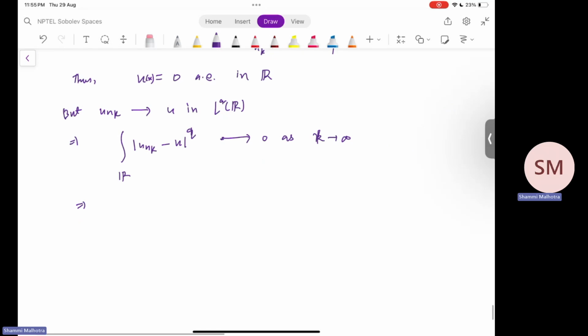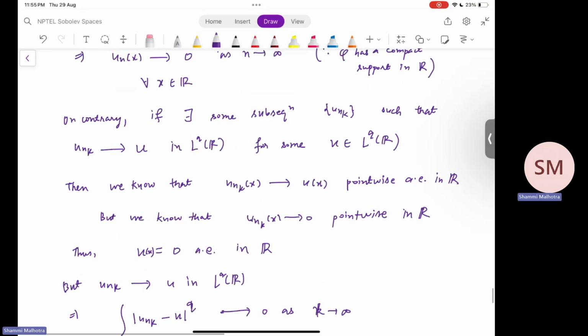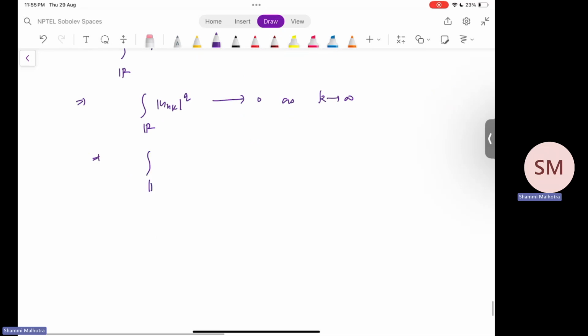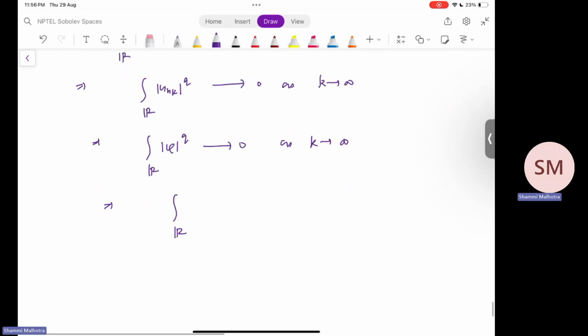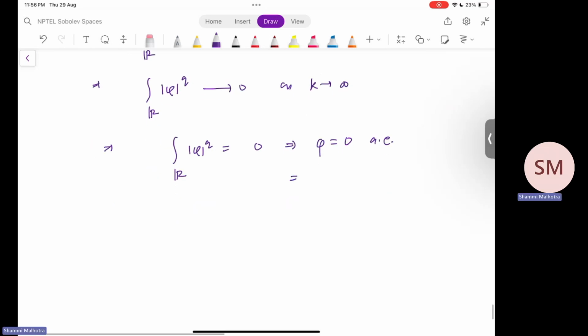But u is 0 only, so this just implies that the q norm of u_n_k goes to 0 as k tends to infinity. But what is the q norm of u_n_k? As we have computed earlier, this is nothing but the q norm of phi only, which goes to 0 as k tends to infinity. This implies that the whole integral of |phi|^q has to be 0, which implies phi has to be equal to 0 almost everywhere. But phi is continuous, so that will imply phi has to be identically equal to 0. This is a contradiction.